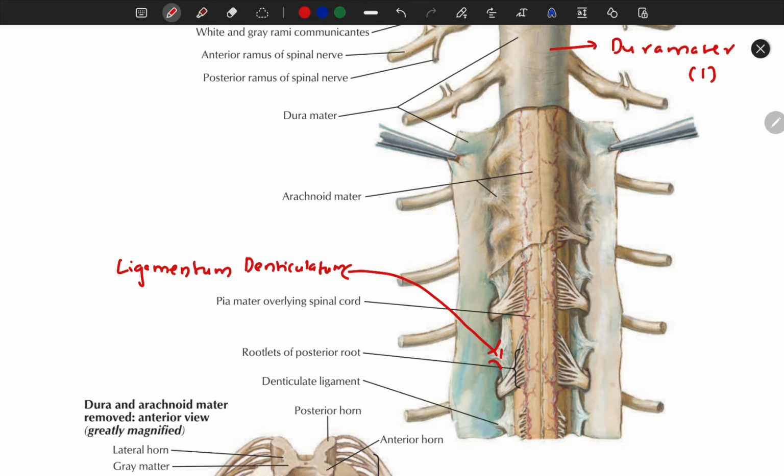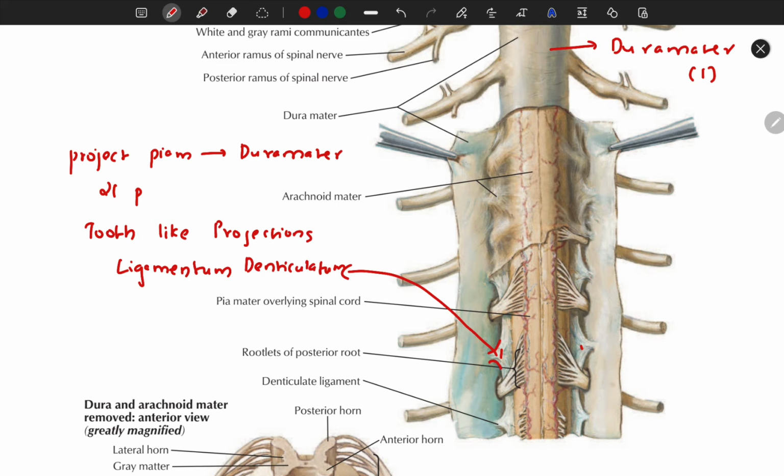There are 21 pairs of denticulate ligaments, and it is a projection where the pia mater connects with the dura mater.